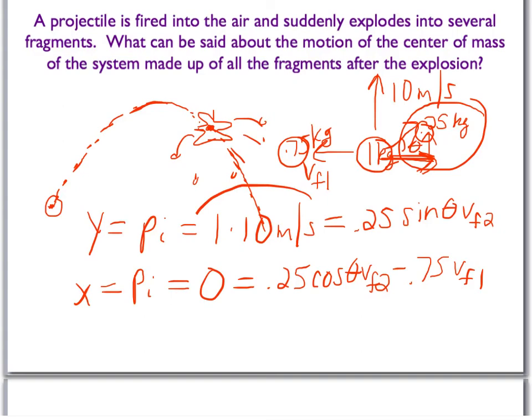I still need a total of 1 times 10, or 10 kilogram meters per second in terms of its momentum in the y direction at the end, and I still need a total momentum of 0 in the x direction at the end. So even though many pieces might go flying in several different directions, we know that the total initial momentum of this system has to remain unchanged. We'll try more of these problems together in class when you guys come back.